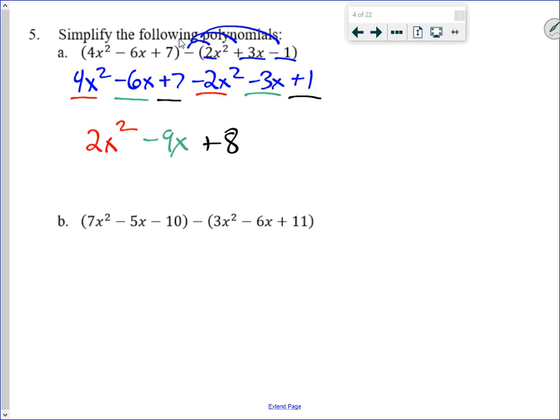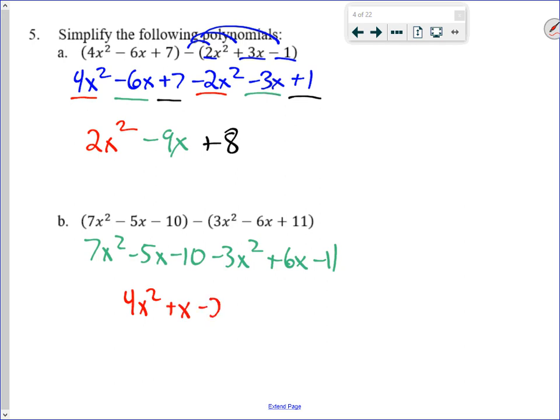All right, and this one will be exactly the same: 7x squared minus 5x minus 10 minus (3x squared plus 6x minus 11). And so that will give me 4x squared plus x minus 21.